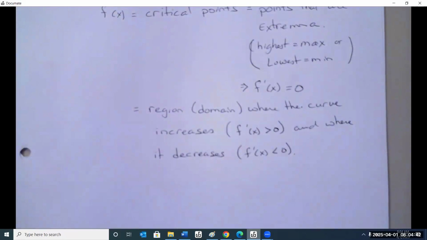Because that helps us now. We know a better idea what the graph looks like.